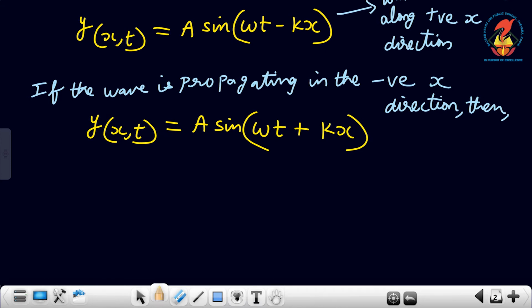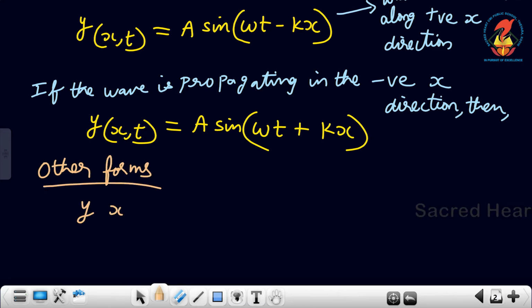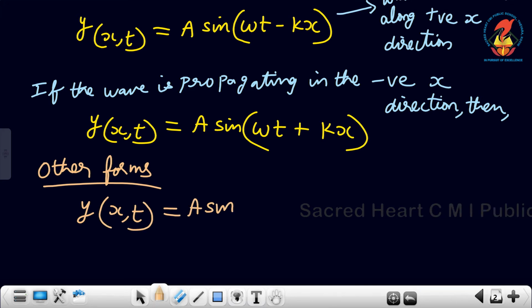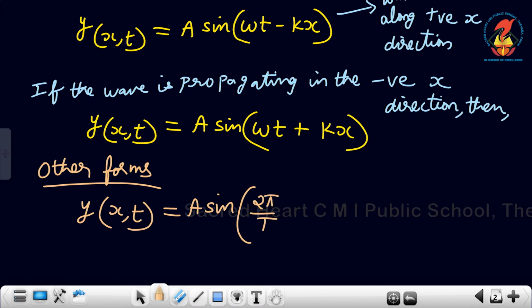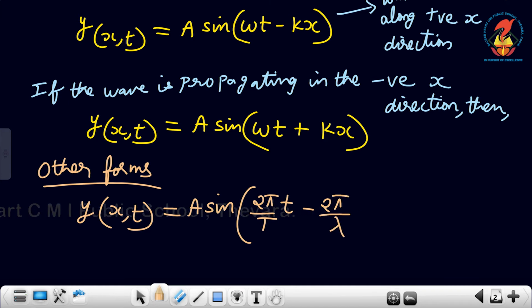Now, you can write the equations in other forms also. Other forms of the same equation, I can do like this: y(x, t) is equal to a sin. Instead of omega, you can write 2 pi by capital T into small t, minus k can be written as 2 pi by lambda into x.